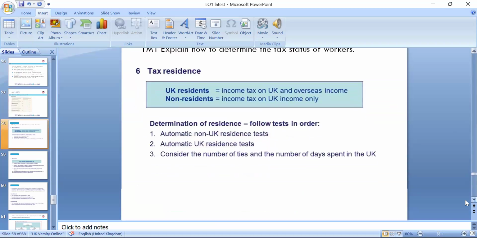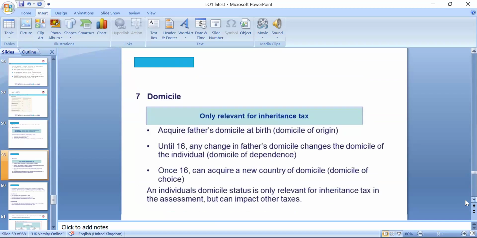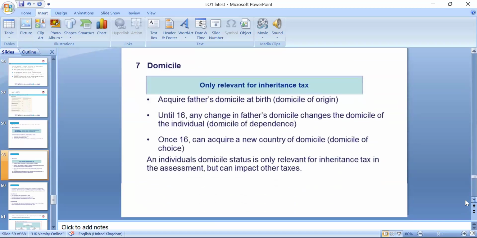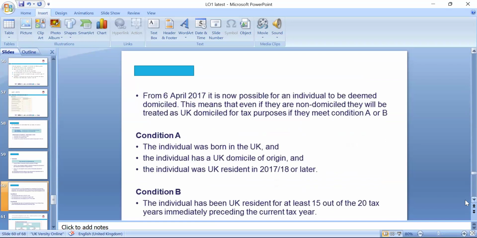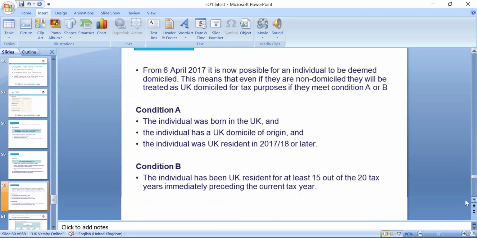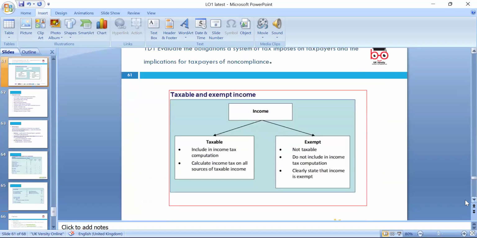Residence: UK resident, non-resident, automatically resident, and domicile if you're born in the UK. The conditions are that the individual was born in the UK, had the domicile in the UK, or was resident in at least 15 out of the 20 years immediately preceding the tax year. Those we can look around.